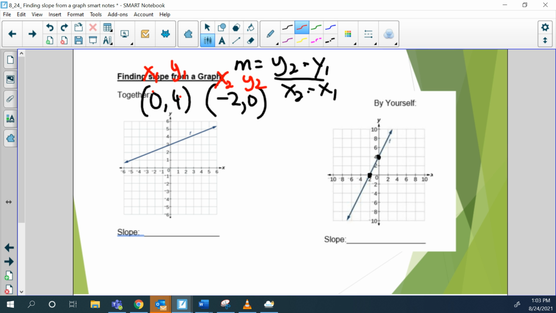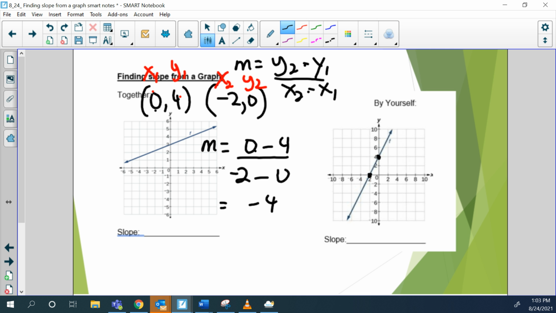Okay. So let's go ahead and plug those numbers into the equation. So we have m is equal to, well, y2 minus y1. My y2 is 0, minus my y1 is 4, minus 4. And that's divided by my x2 is -2, minus my x1 is 0. 0 minus 4 is -4.